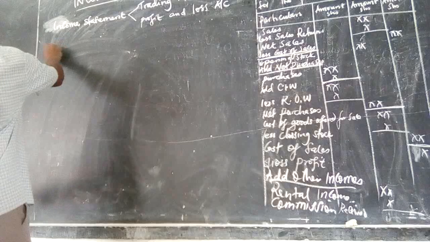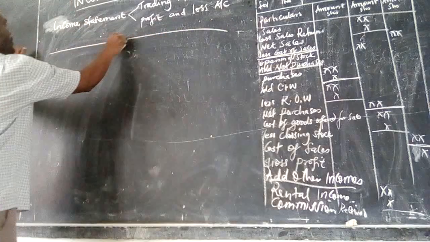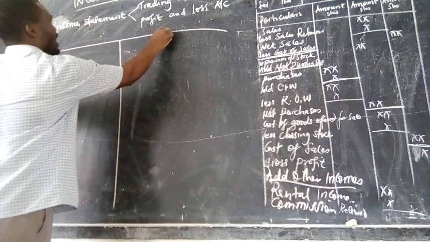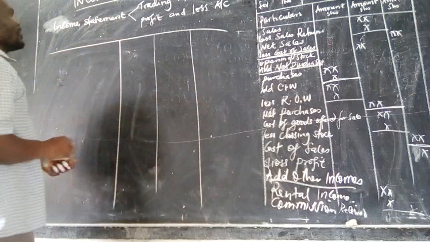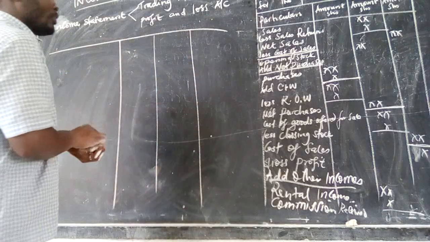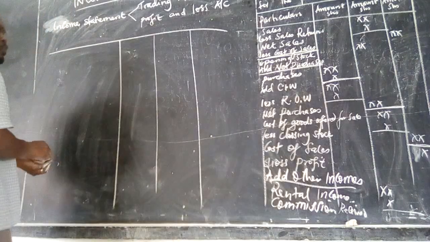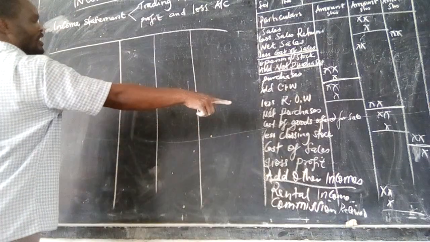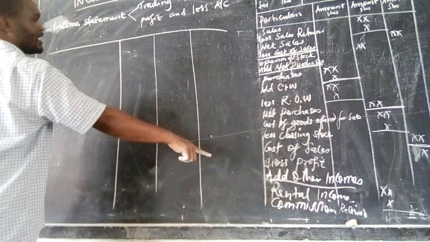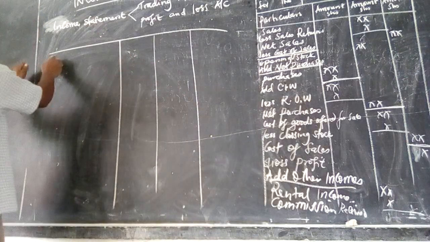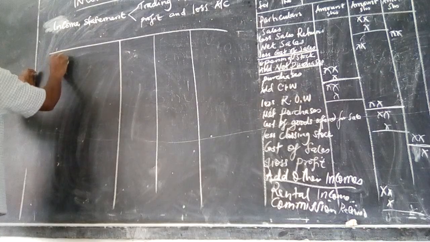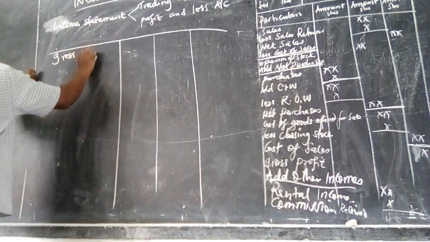So remember, we have three columns, with amounts in shillings. You add gross profit, which is in the third column, to the total of other incomes, and you get gross income.